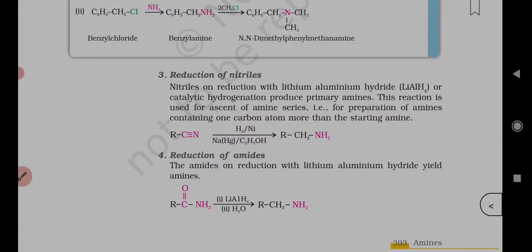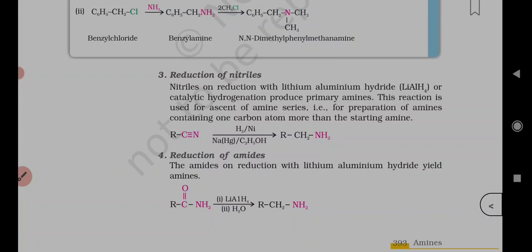N-butanamine has molar mass 73 and boiling point 350.8. Diethylamine, or N-ethylethanamine, has molar mass 73 and boiling point 329.3.